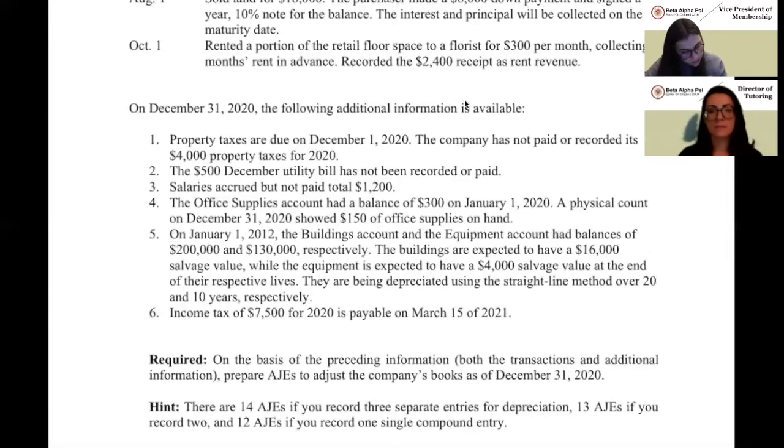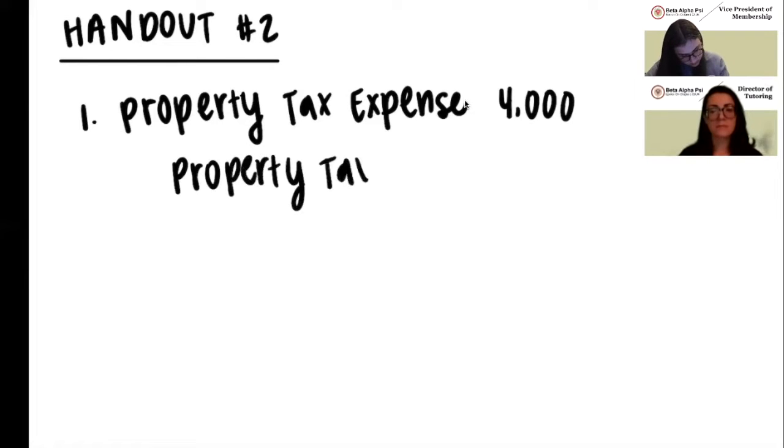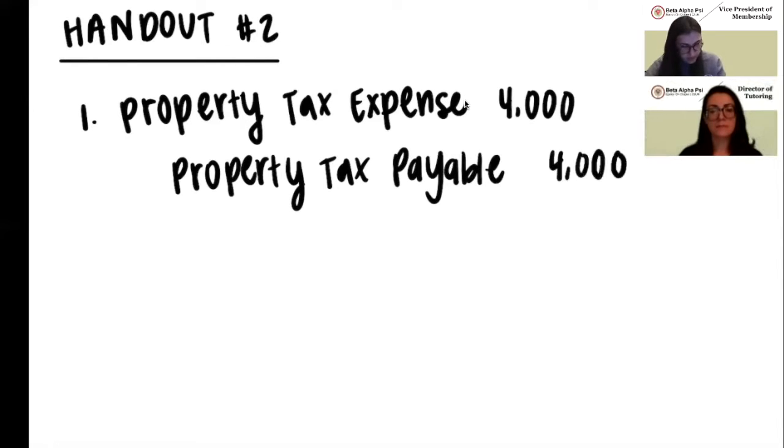And they say here that they have not paid it yet. So we're not going to credit cash, but we are going to credit property tax payable for $4,000. So we're debiting our expense and we're crediting our liability.